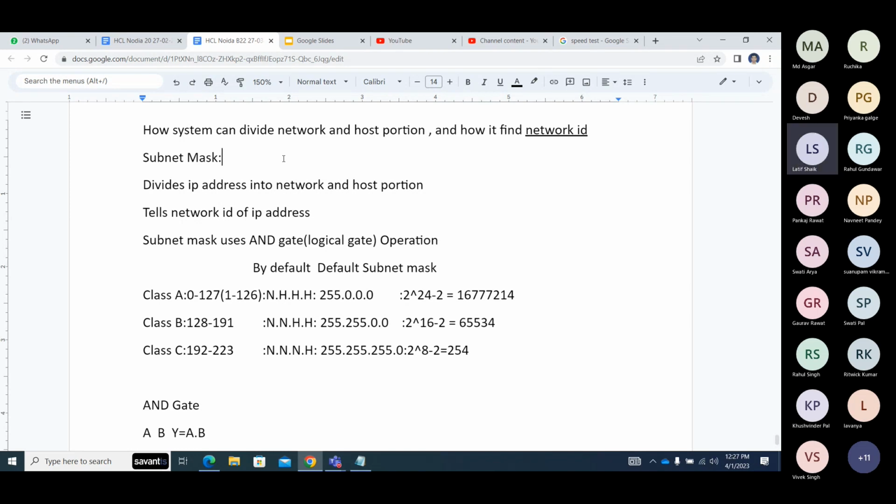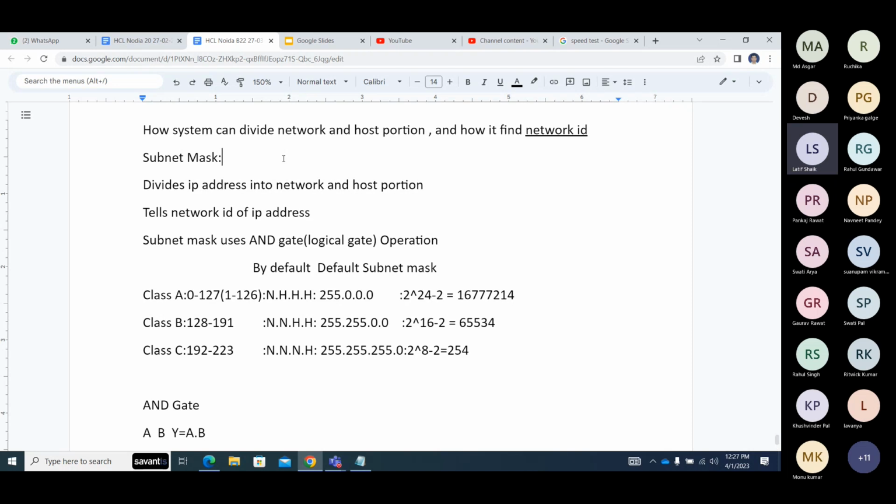Okay, the system uses a subnet mask. There is a default subnet mask, which we can also change in case you want to define a different logical network differently. Otherwise, we use the default subnet mask only.